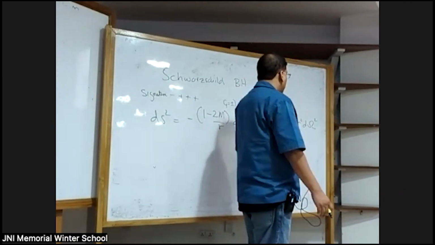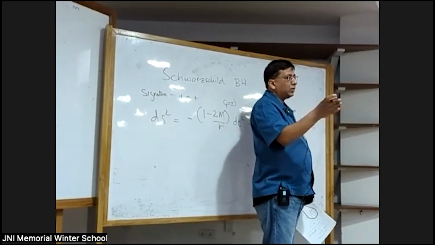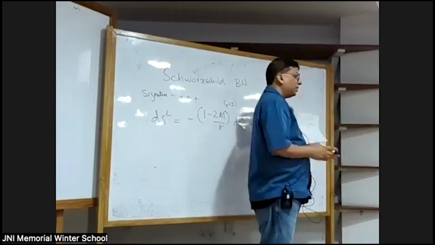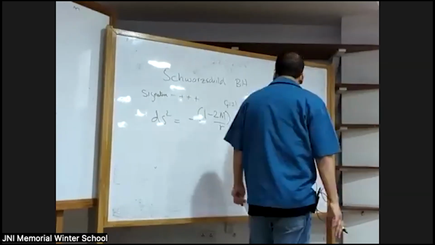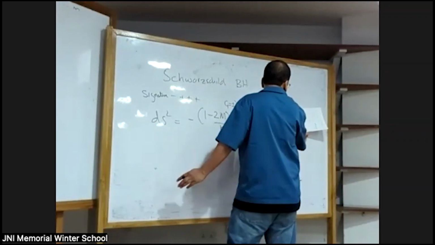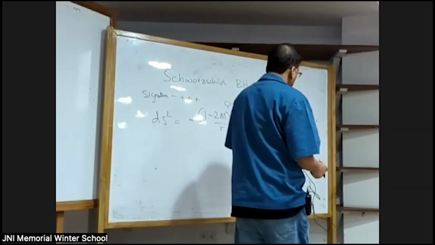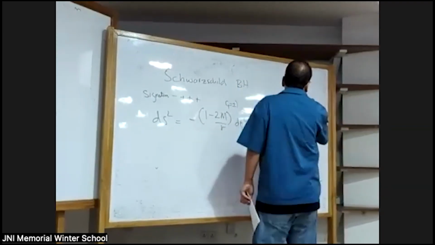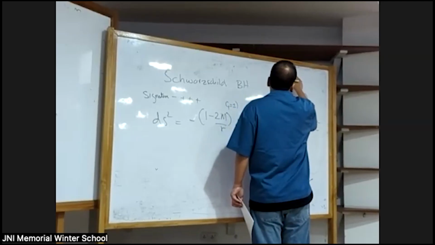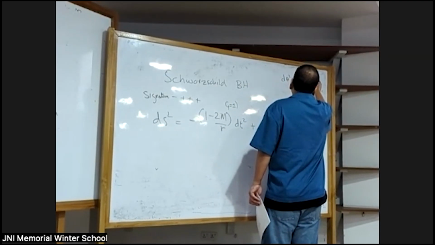If you're moving radially, then none of your angles are changing, so this is 0 and you just have the remaining part. In general, d omega squared is d theta squared plus sine squared theta d phi squared.